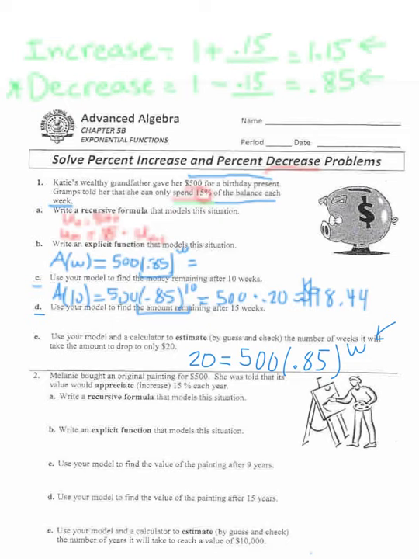So if you can pause the video and try to find out what number would go there. And you should have gotten W to be about 19.8062.